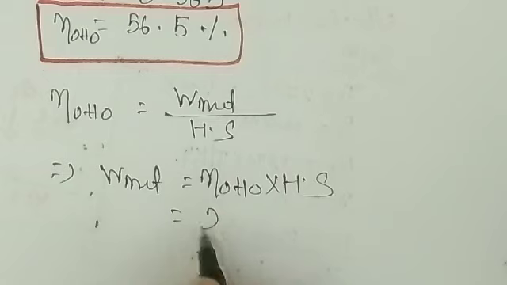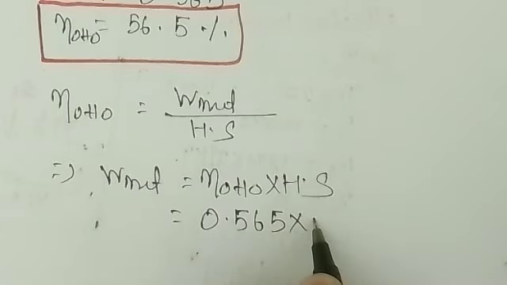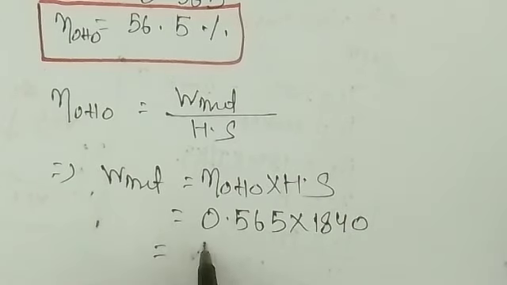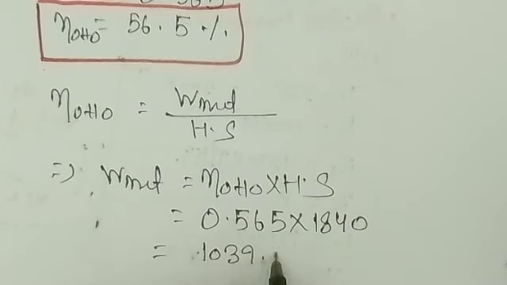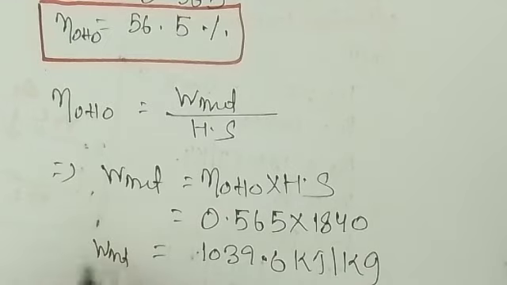Otto efficiency is 0.565 we got, and the heat supplied is 1840. So net work is 1840 into 0.565, which is 1039.6 kilojoule per kg. This much net work we calculated.